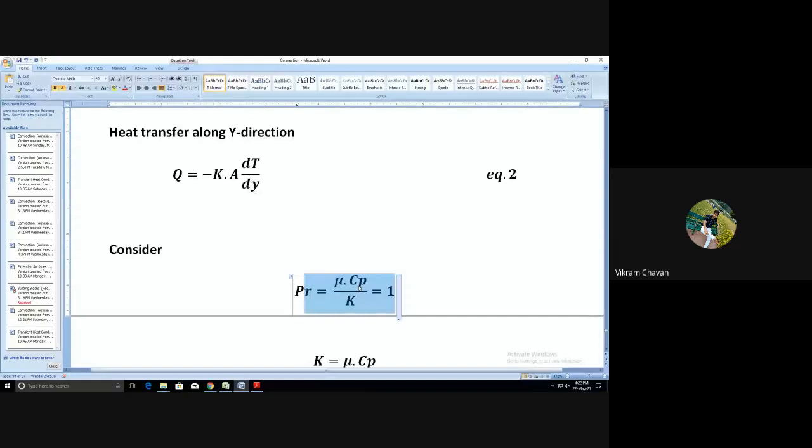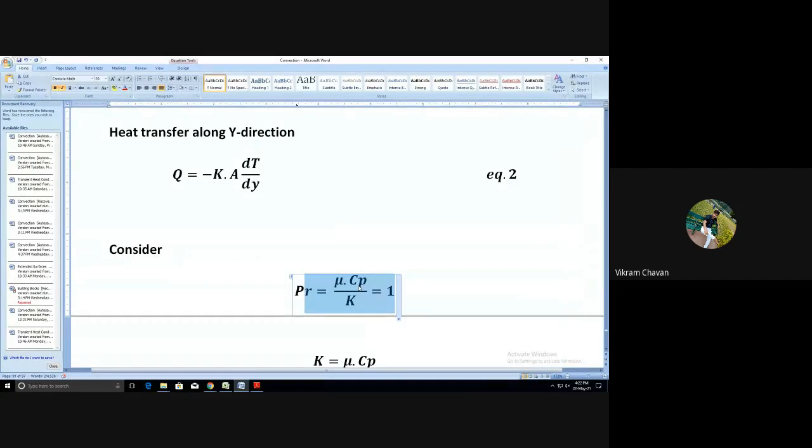We know that the Prandtl number is proportional to delta divided by delta t. If both the boundaries, the thermal boundary layer and the velocity boundary layer, collapse on each other, at that time we get the Prandtl number equal to 1.